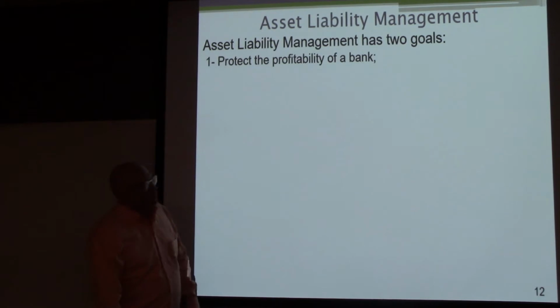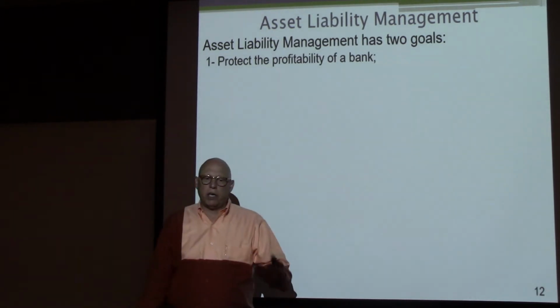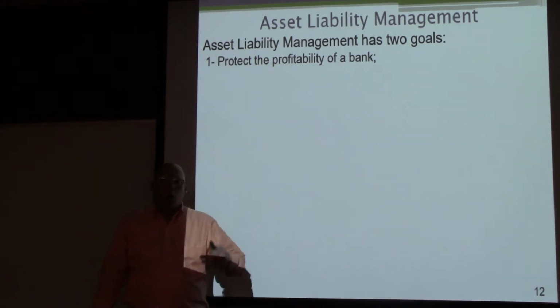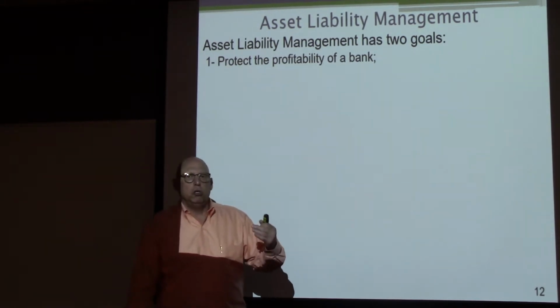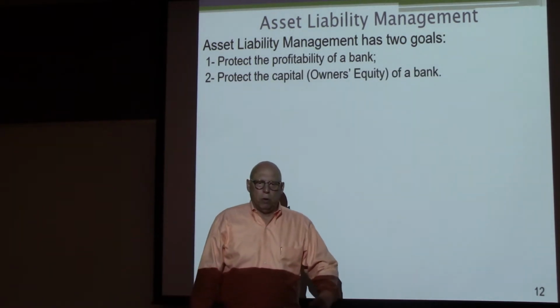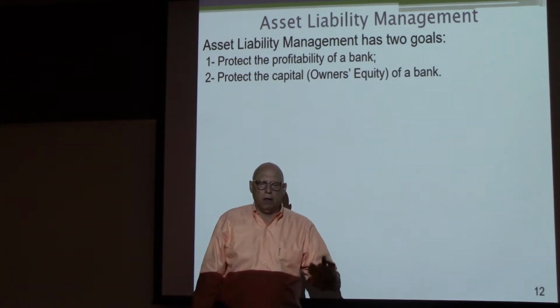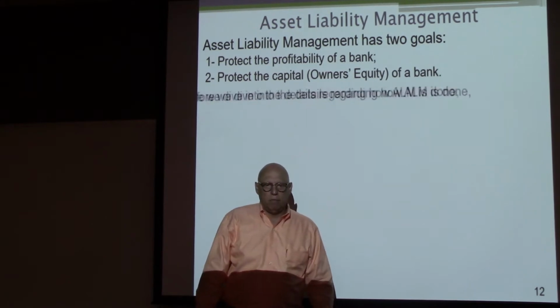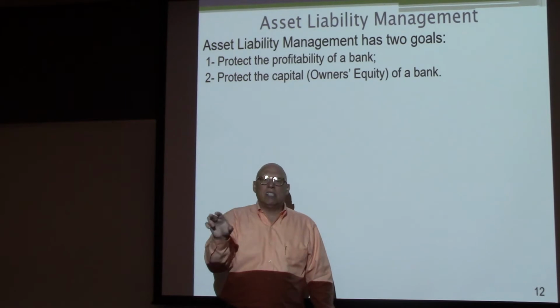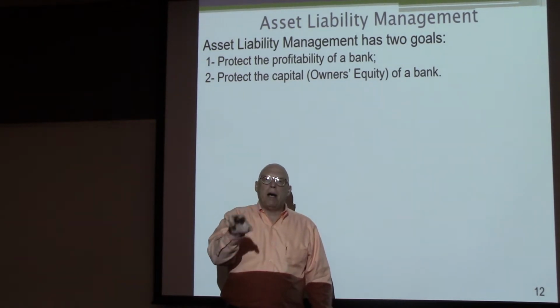Okay? So for the income statement, the goal is protect the profitability of a bank. You don't want changes in interest rates to damage your profitability. Number two, protect the capital of the bank, the owner's equity of a bank. You don't want changes in assets and liabilities to wipe out your capital.